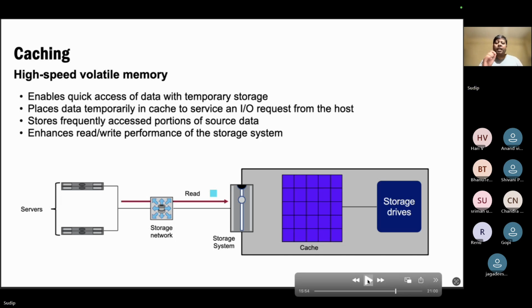And when this read operation happens from your server over the network and hits the front end port of the storage system, it generates a read request to the storage system.